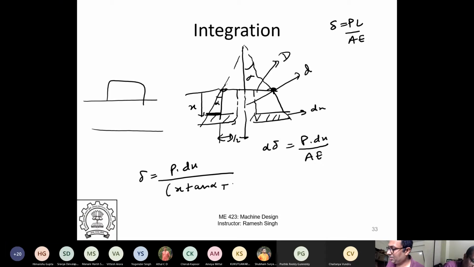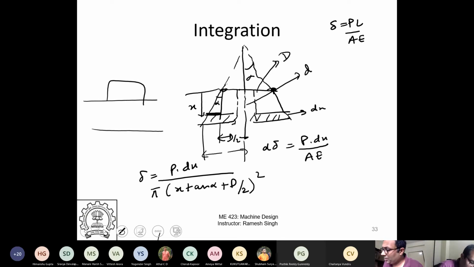So this is the outer radius. Pi times X tan alpha plus D by 2, whole square, the outer radius D by 2 plus X tan alpha. It is this distance.